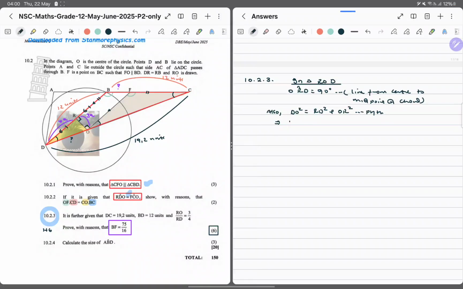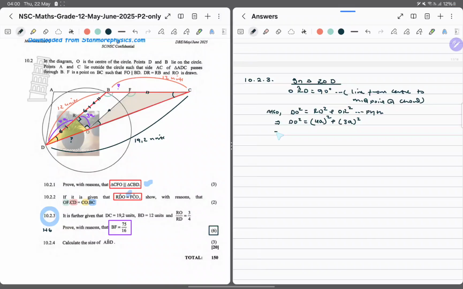So this implies that DO squared is equal to RD squared, which is basically 4A. Of course, we keep the A part, playing careful and safe, because technically it's a length, isn't it? So we annotate. We don't need to explain how we ended up with 3A and the other things.